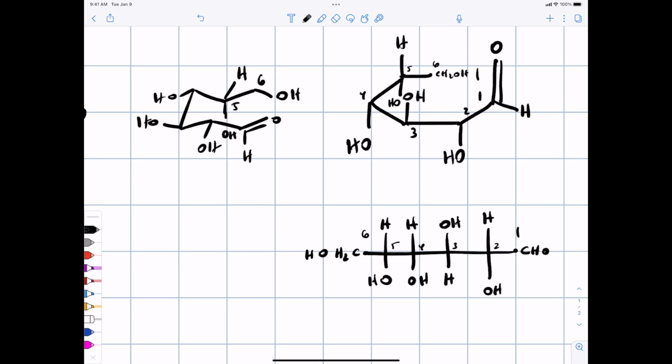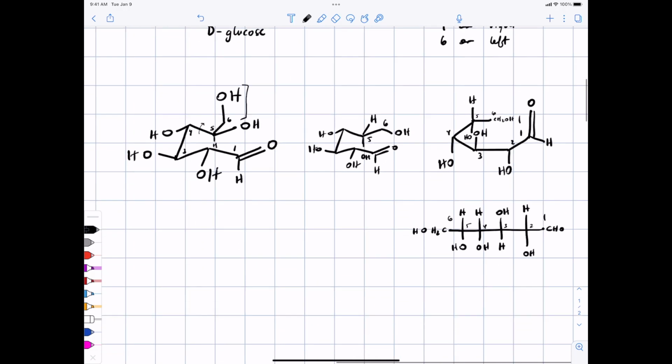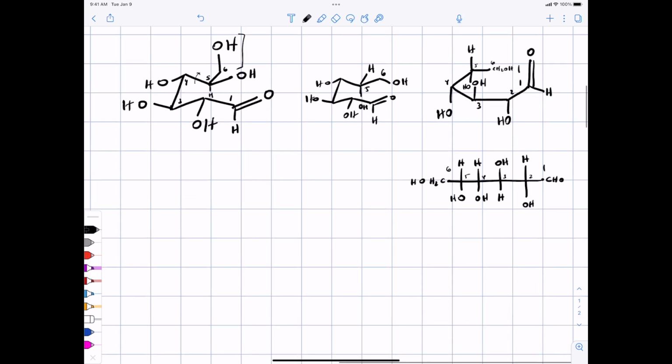Okay. And then, if you want to make it even worse, we're going to rearrange things so that the CHO is on top, CH2OH is on the bottom, carbon 1, carbon 6. And then you just have to keep track of left and right.